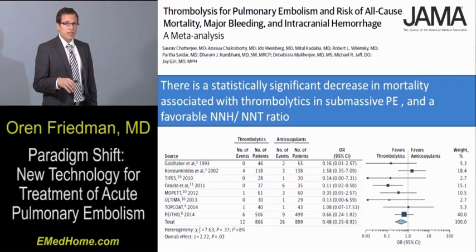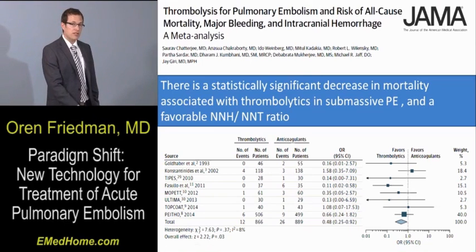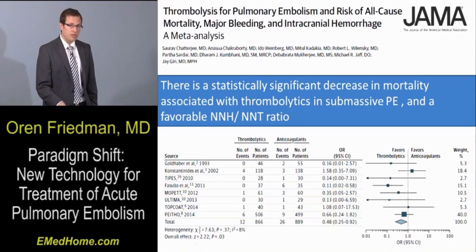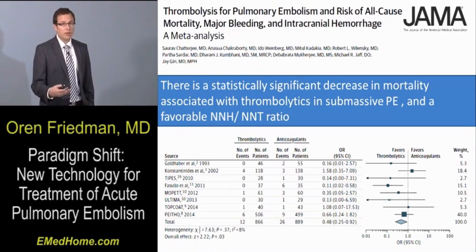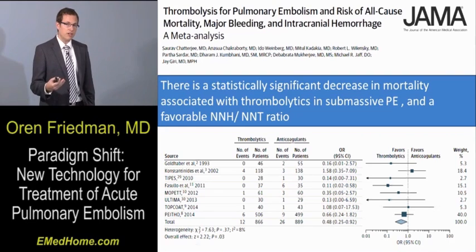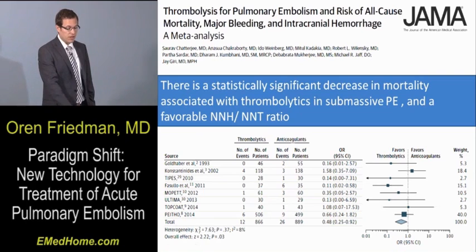This looked at IV systemic thrombolytics in massive and submassive population, and when they took out the studies that looked only at the submassive population, they actually were able to find a statistically significant decrease in mortality and a favorable number needed to harm to number needed to treat ratio. But the signal size was small, 1.3%. So there probably is, in my opinion, a statistically significant decrease in mortality when you give IV systemic thrombolytics to this patient population. But that signal is relatively small, and you should try to pick the sickest of the sick of this population so you're more likely to do them benefit rather than harm.